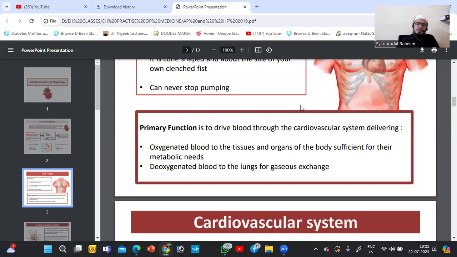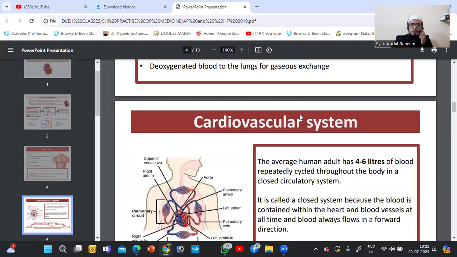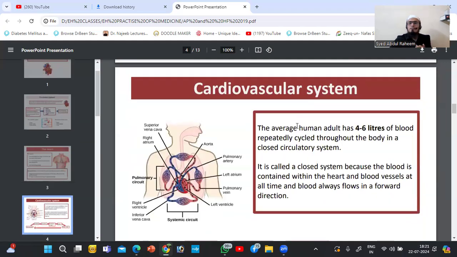You give the oxygenated blood and you take deoxygenated blood. Second, you are giving nutrition and energy and metabolism will happen. Then the waste products after metabolism will come into the venous drainage. So the main purpose is to bring back the waste products and give the healthy products.